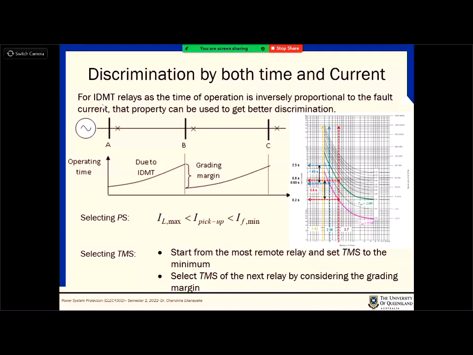So what we do is, let's say between B and C, the faults are looked after by the relay B. Okay, so if you are going along one of these curves, because let's say for a relay at B, you can fix its pickup current because it's a physical setting. You can fix the time dial setting.